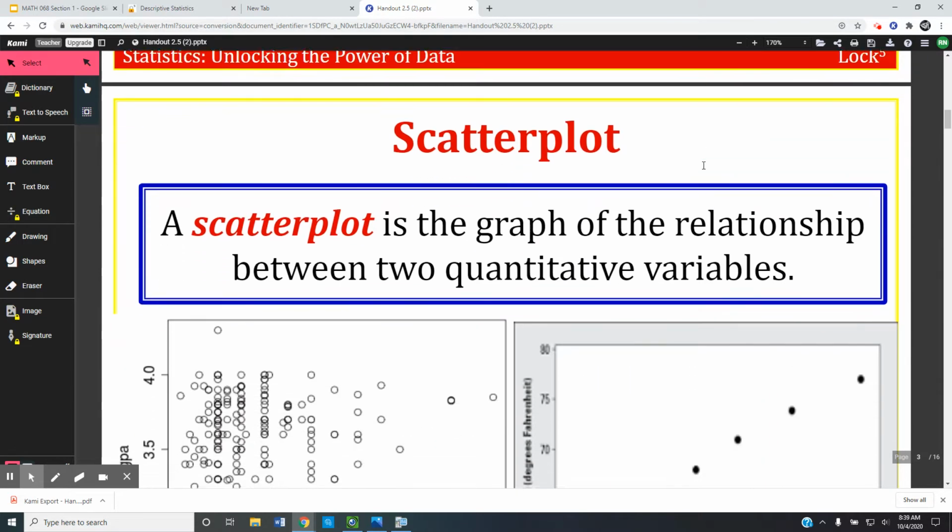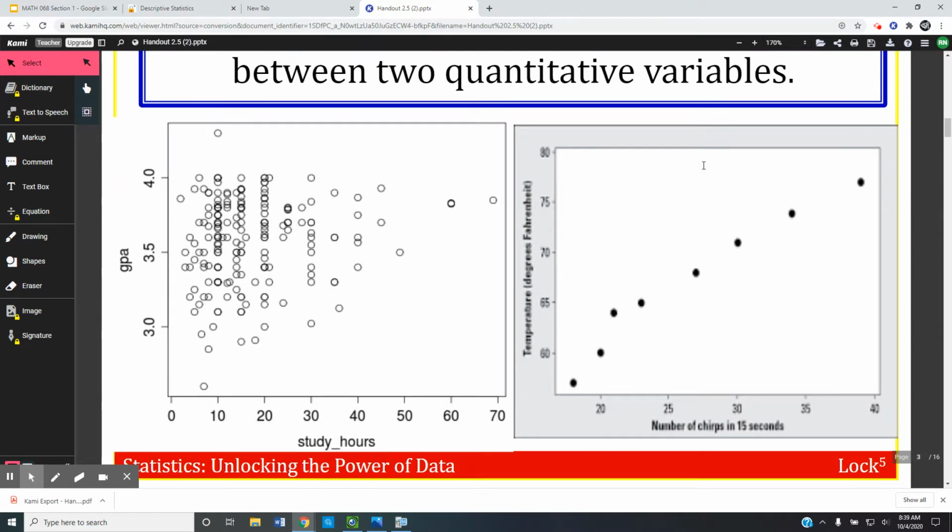So what does a scatter plot look like? A scatter plot shows the relationship between 2 quantitative variables, and we have 2 pictures of 2 completely different scatter plots here. You can see that the data is numerical or quantitative on both the x-axis and the y-axis, or the explanatory axis and the response.